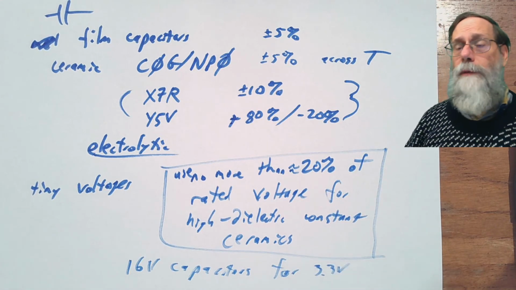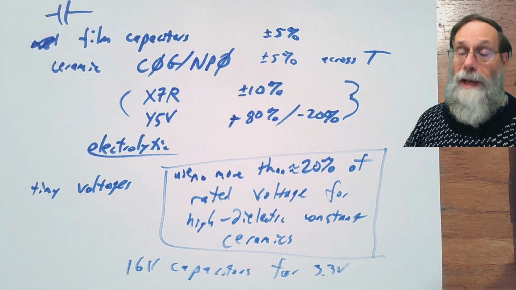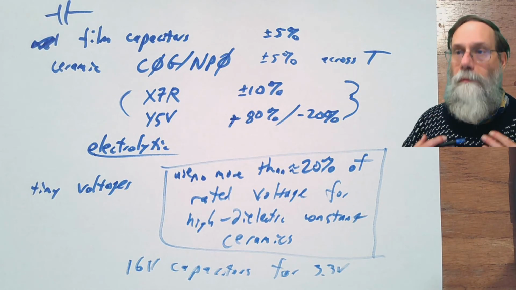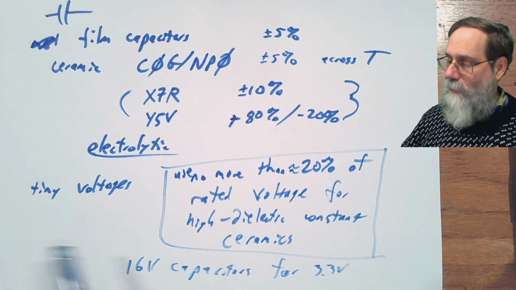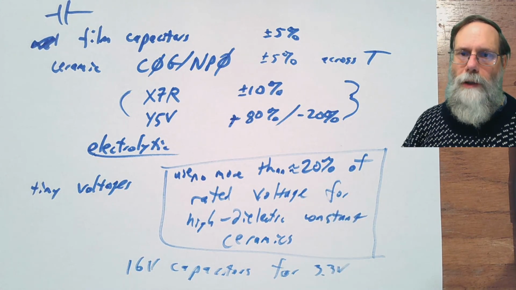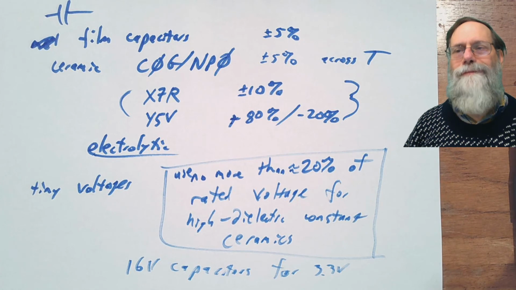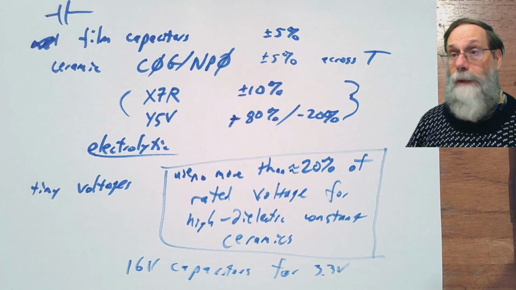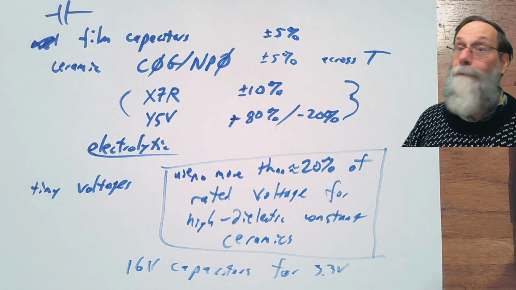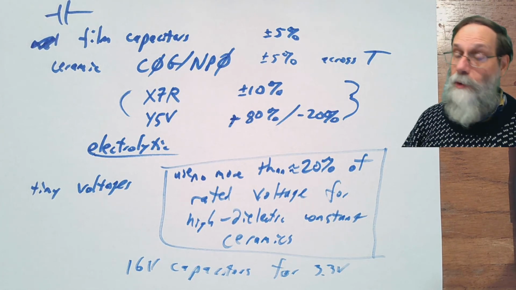And now that's only if you care that the capacitance doesn't drop. If you want the capacitance to be close to the rated capacitance, then you don't put a large DC bias on it. If you've got something where you don't care, you say, hey, I just need a big capacitor here. I need about 1 microfarad, but I'll put in a 5 microfarad capacitor and I don't care if it drops to 1.